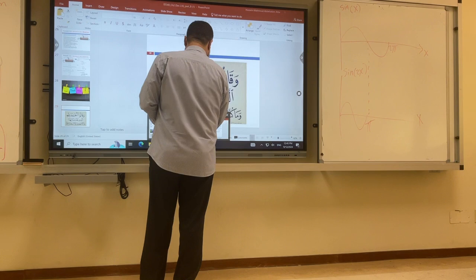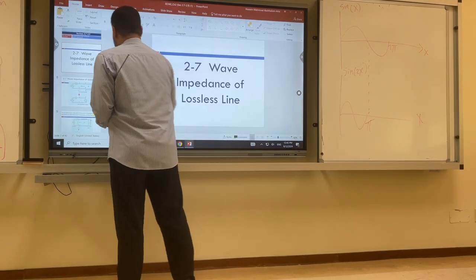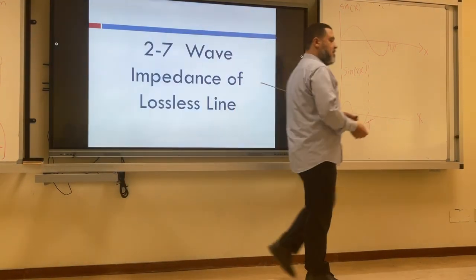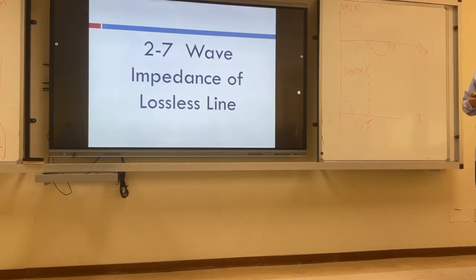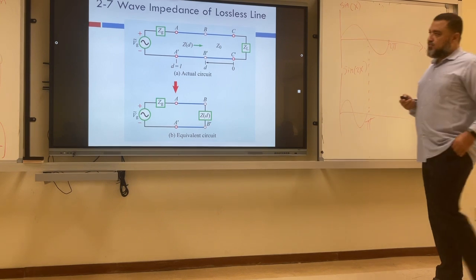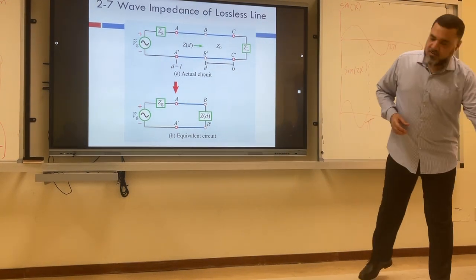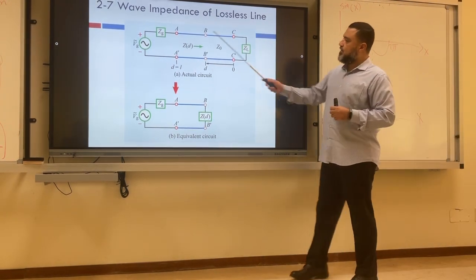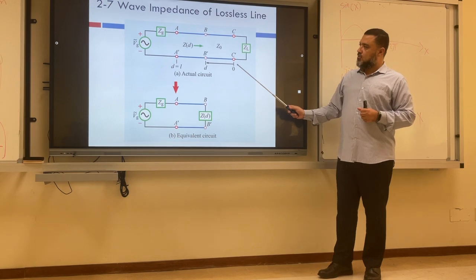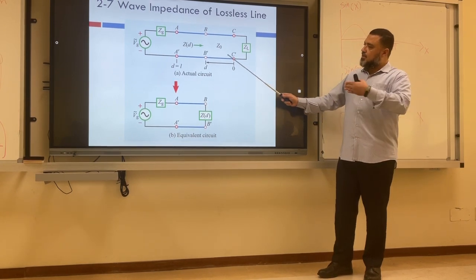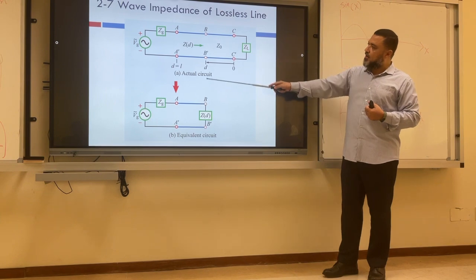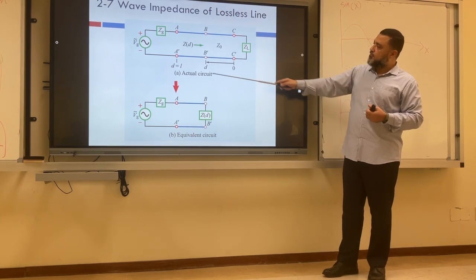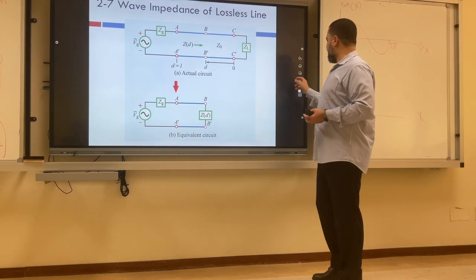Now we move to the new part, which is the wave impedance of a transmission line. What's the meaning of wave impedance? Look at this transmission line. Load, generator, D equal to 0 here, D is increasing toward the generator, D equal to L. If I cut the transmission line here, like Thevenin, you know Thevenin equivalent?